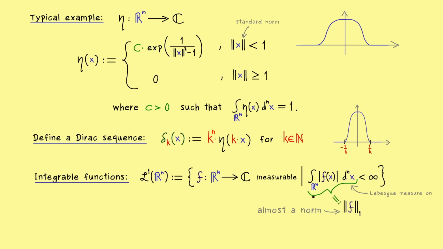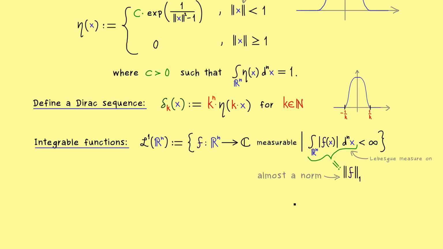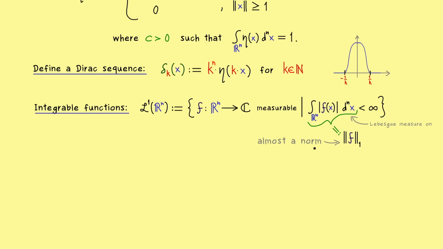This is quite clear because the integral on the right hand side cannot see if you change the function f at a single point. However, for the approximation theorem we want to prove now, this is not really a problem. I will still speak of the L1 norm of f even if not all properties of a norm are satisfied here. And with that we are ready to formulate the important result of this video.